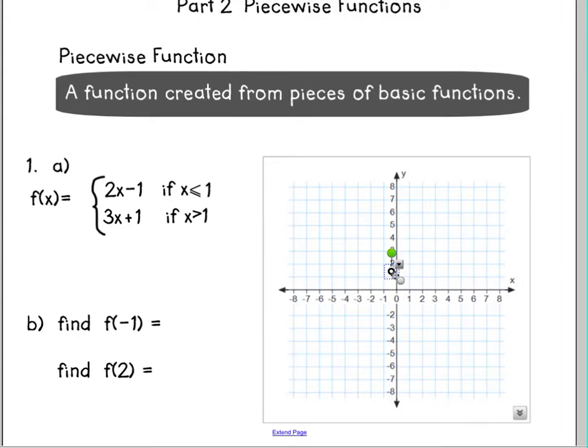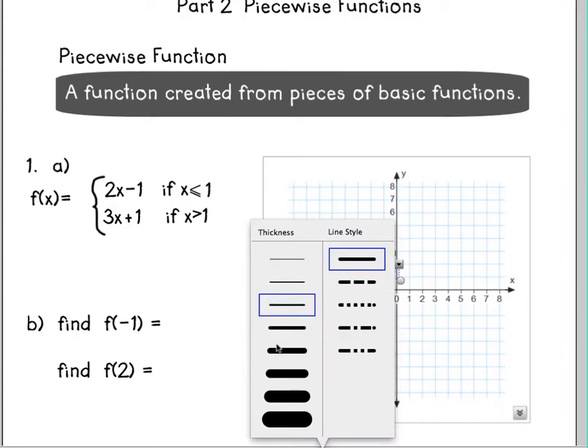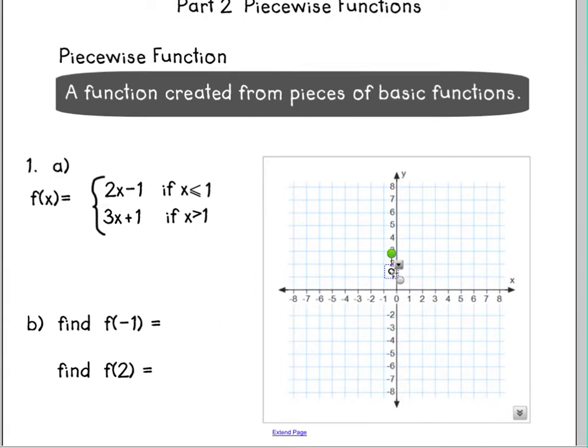So I'm going to start at 1 and then look at the slope. I'm going to need another point at 3 units up and 1 unit to the right. So I'm going to go 1, 2, 3, and 1 to the right.